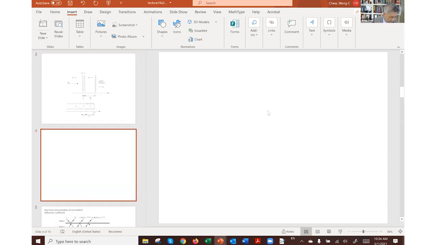We have shown that when you have a transmission line, especially a multi-section transmission line, if you have just a single junction, you can find the reflection coefficient gamma 1,2, which is something like Z01 minus Z02 over Z01 plus Z02, where this is Z01 and this is Z02.